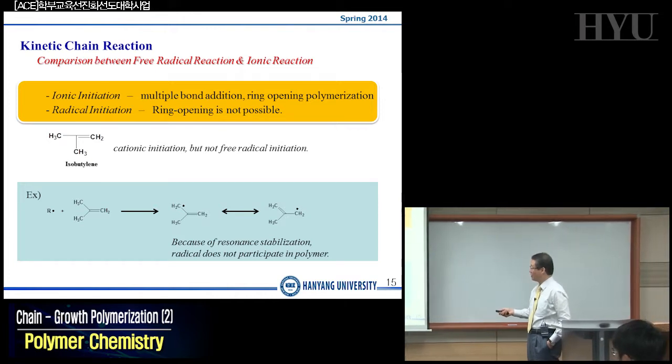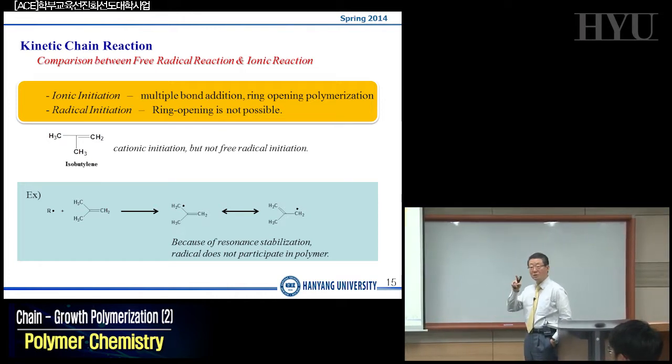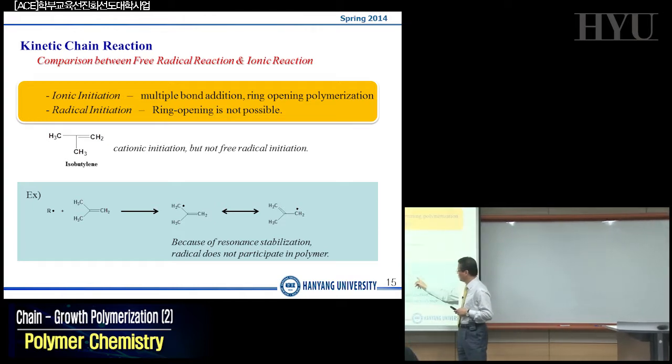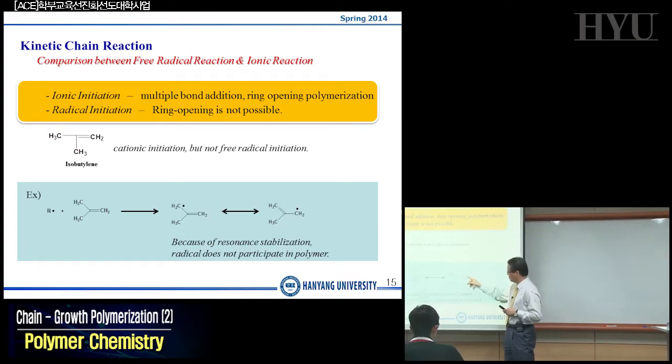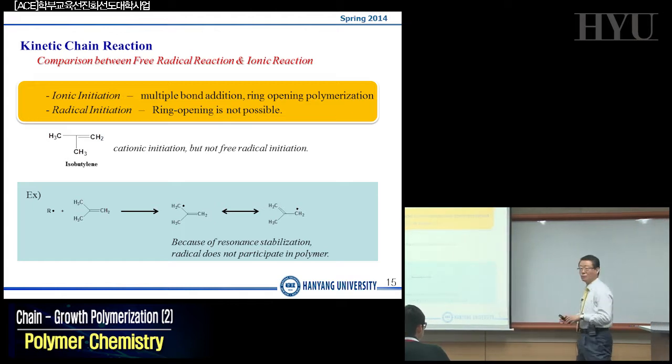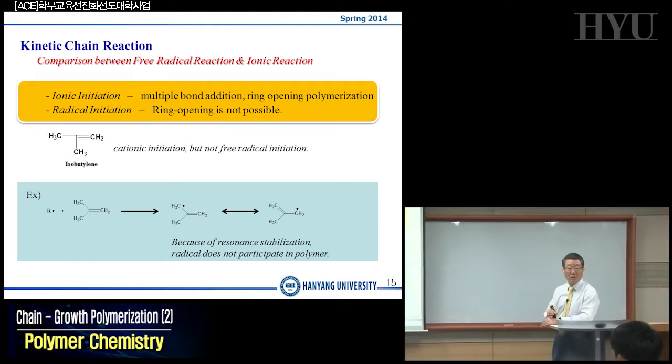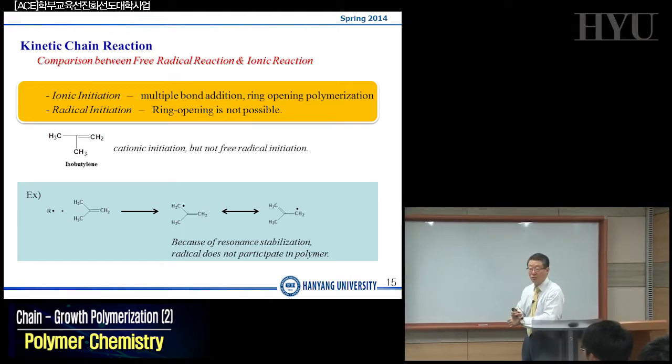In a conjugated structure, these electrons are distributed over three carbons, in other words, 1, 2, and 3. So instead of attacking the other monomer, the electrons reside right here, so that you do not proceed with the radical initiation reactions in the case of isobutylene.